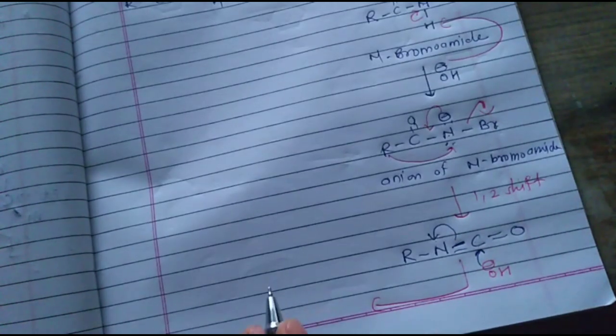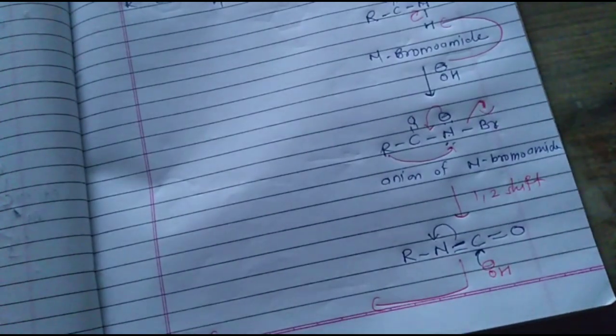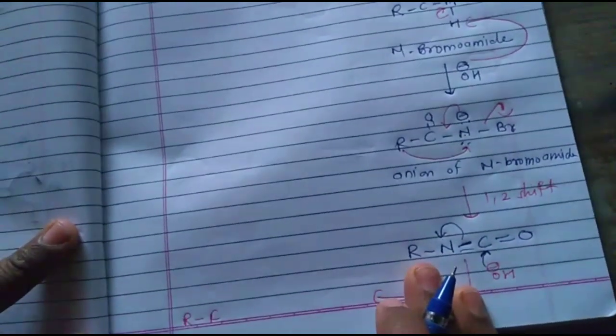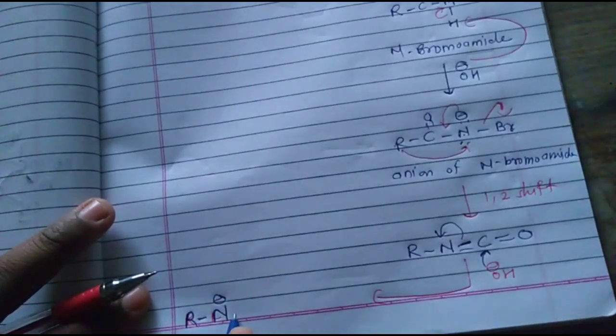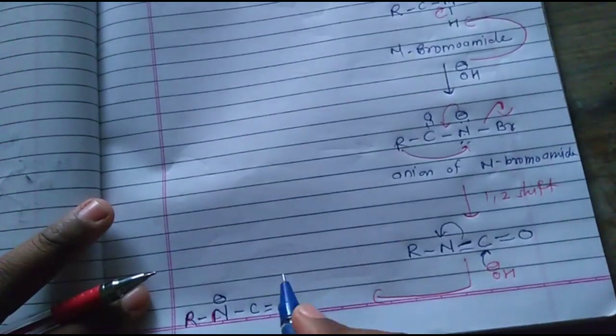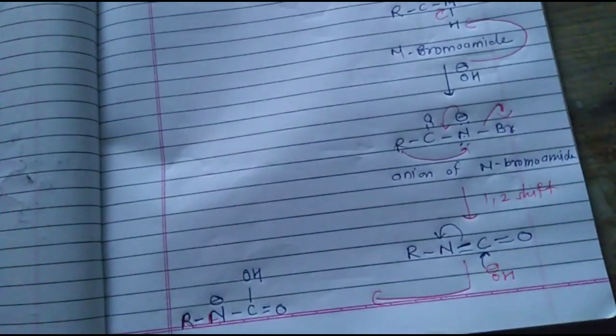What will be the product here? The product will be R N with a negative charge, and this C forms a double bond with the oxygen and an OH bond.